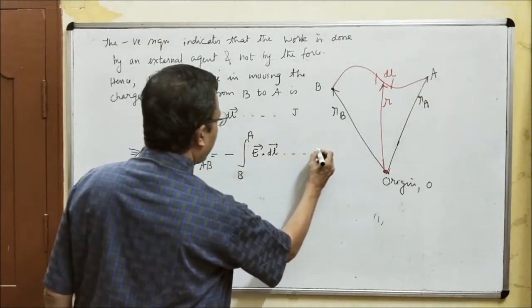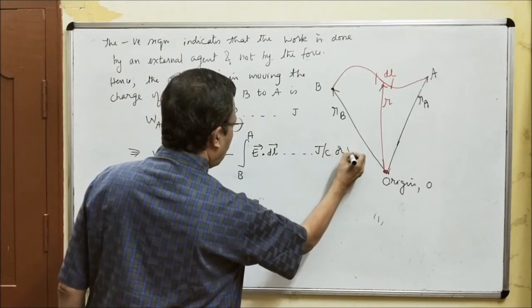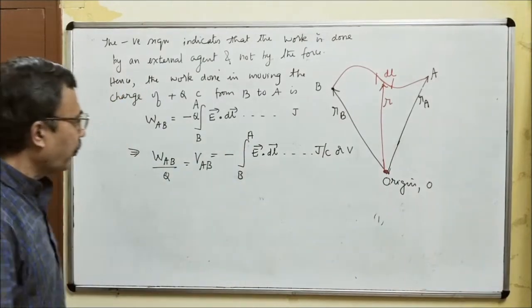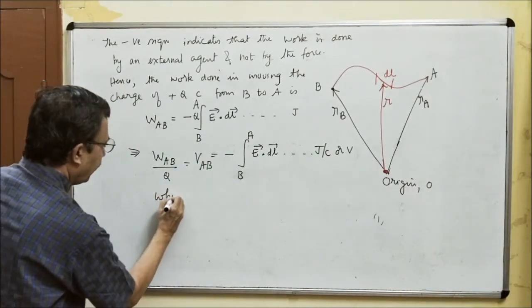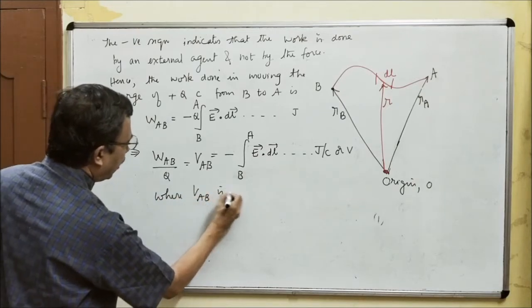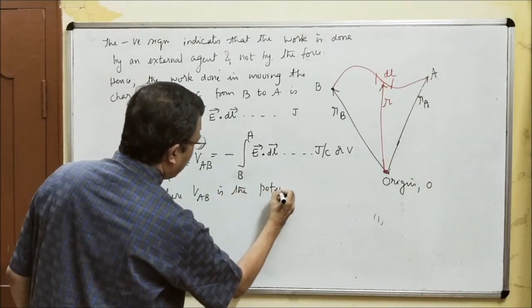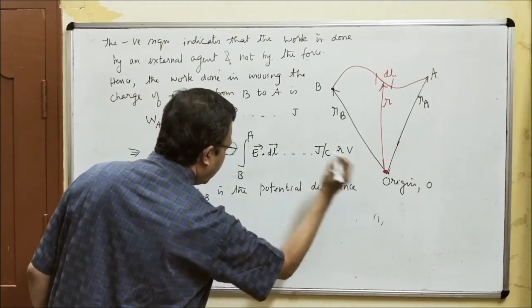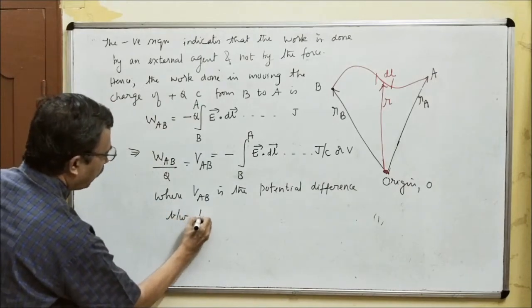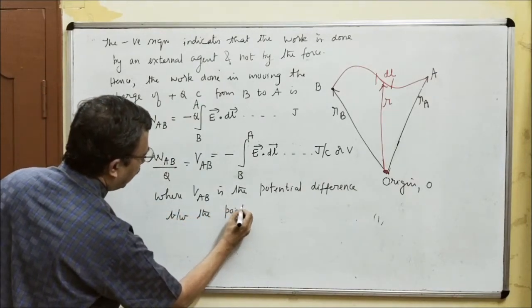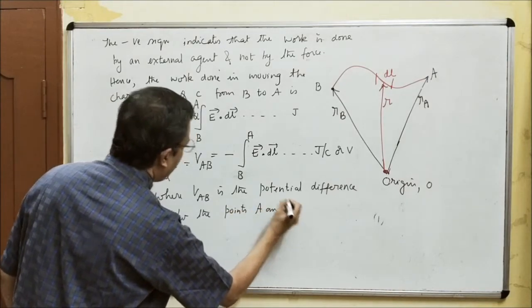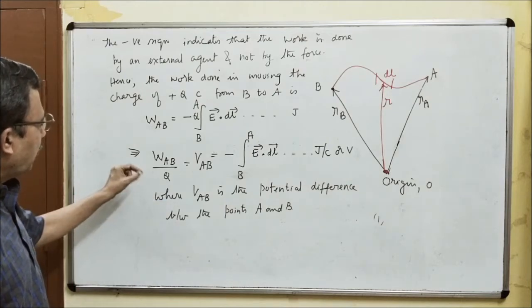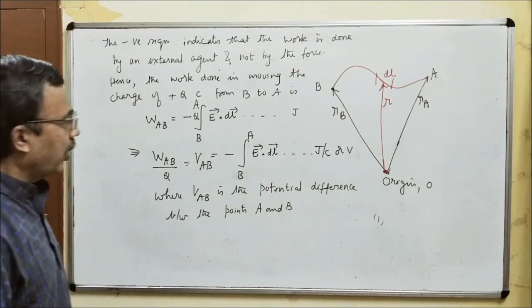Unit of this is joules per coulomb or volts, where VAB is the potential difference between the points A and B. In fact, VAB is the work done per coulomb.